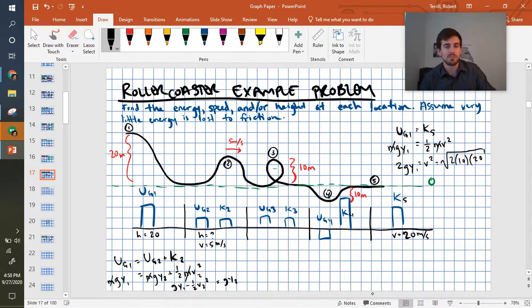I can divide both sides by g, and I get y2 is going to be equal to, let's see, 10 times 20 minus 1/2 times 5 squared all over g, that's 10.